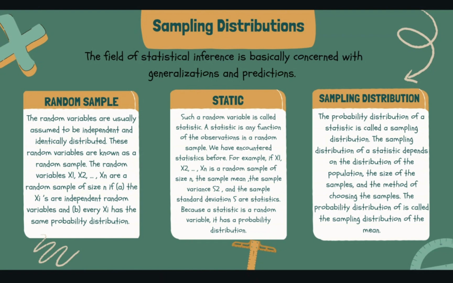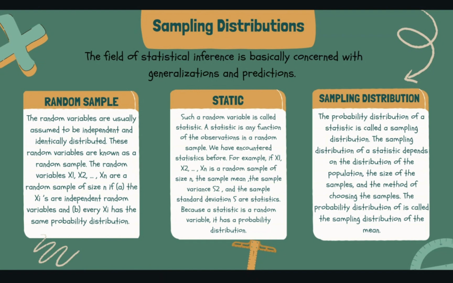Second, we have the statistic. Such a random variable is called a statistic. A statistic is any function of the observations in a random sample. We have encountered statistics before. For example, if x1, x2 until xn is a random sample of size n, the sample mean, the sample variance s squared, and the sample standard deviation s are statistics. Because a statistic is a random variable, it has a probability distribution.